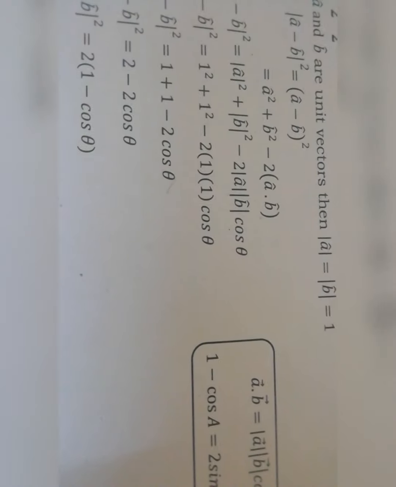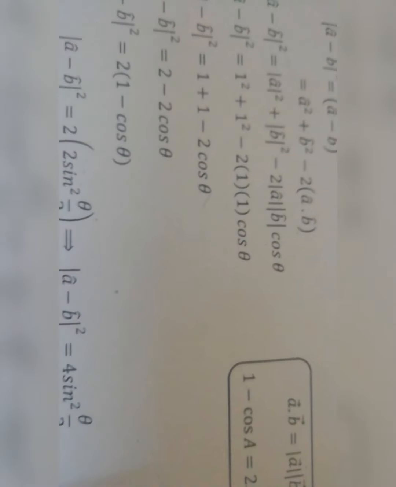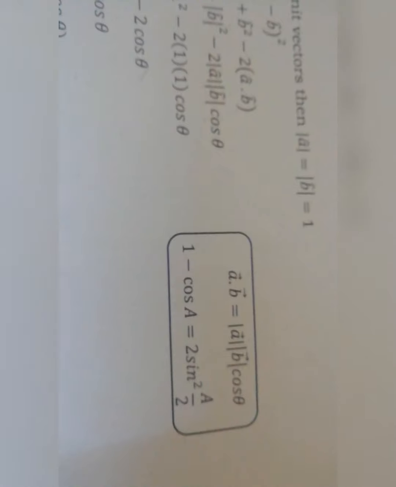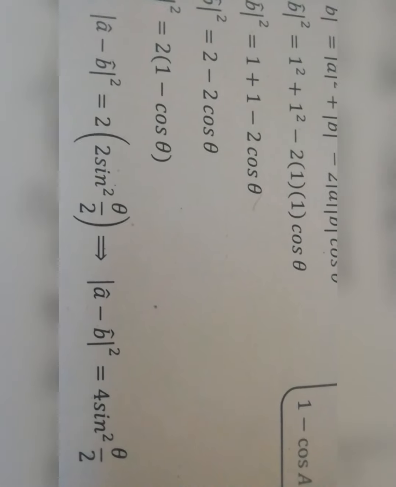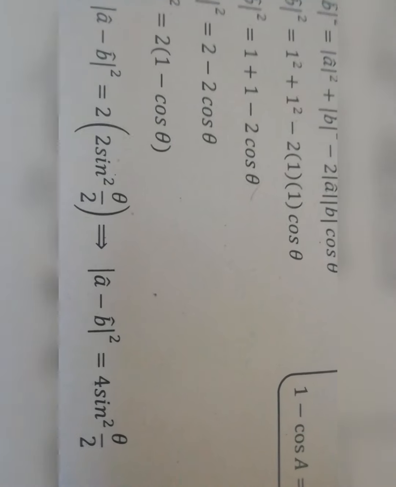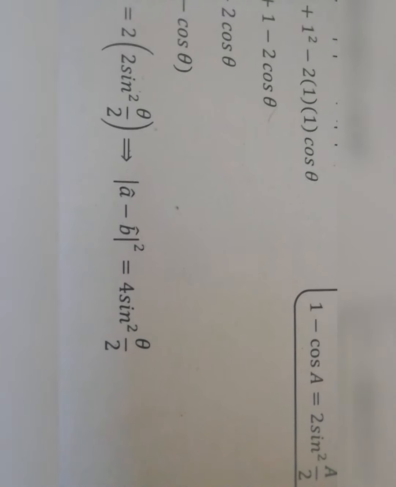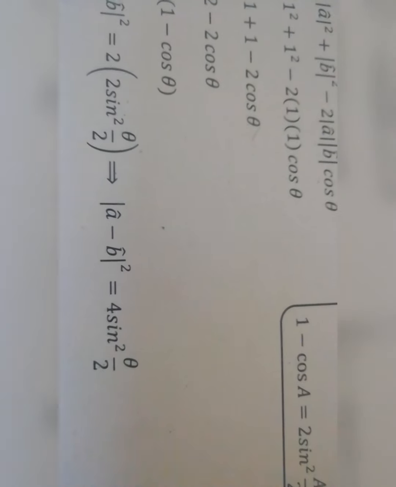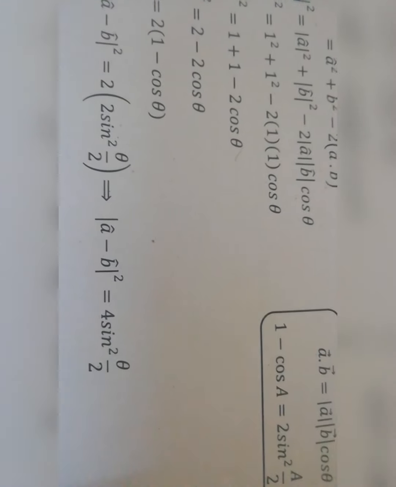The 2 is common, so 2 into 1 minus cos theta. What is the formula for 1 minus cos A? 2 sin square A by 2. Here 1 minus cos theta can be written as 2 sin square theta by 2. So modulus of A vector minus B vector whole square equals 4 sin square theta by 2.